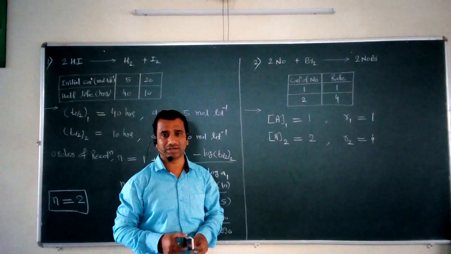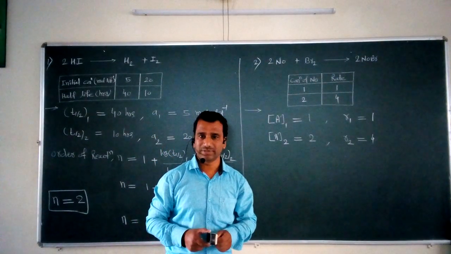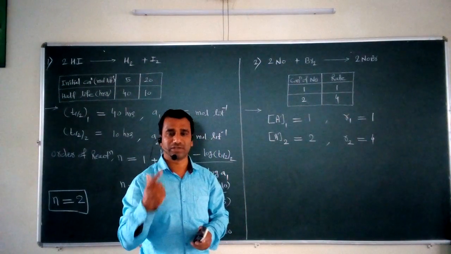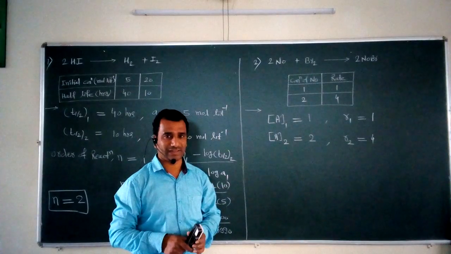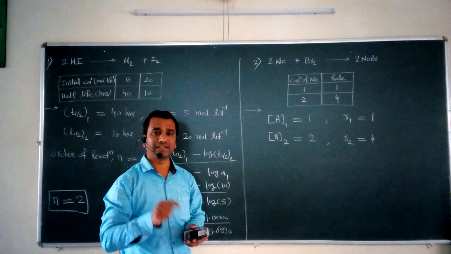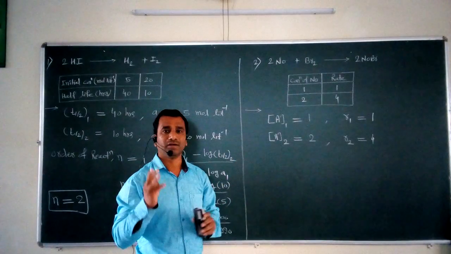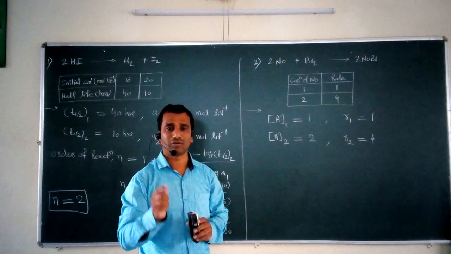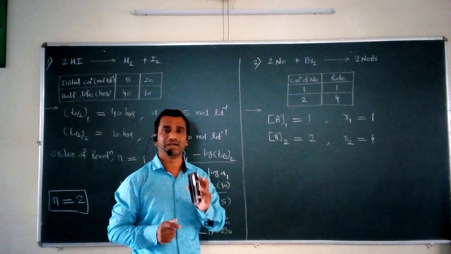Once you obtain this given data, the next job is to take a suitable equation to calculate the order of a chemical reaction. Now, what is the equation for solving this numerical? This numerical is based upon the next method for calculating the order of a chemical reaction, and that is called the differential method.